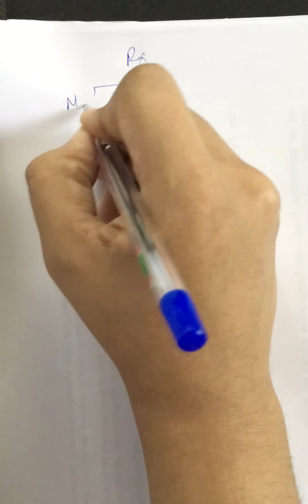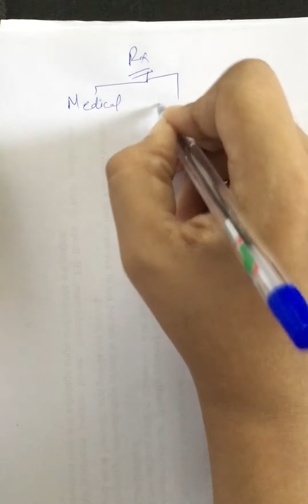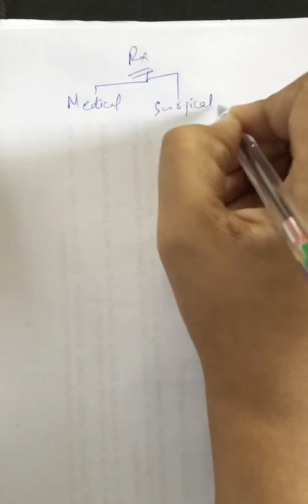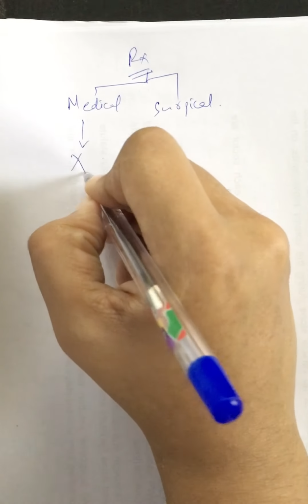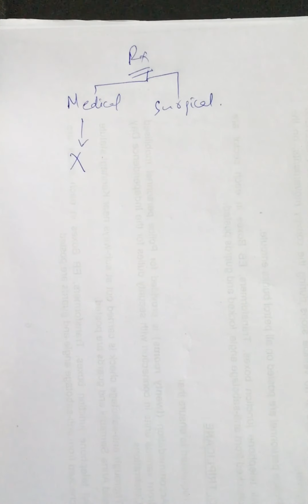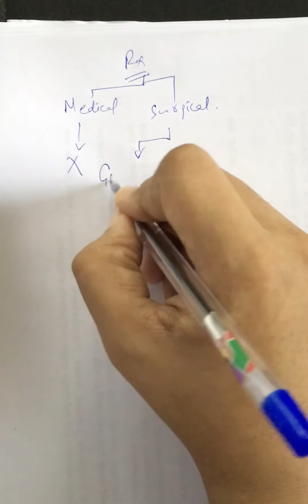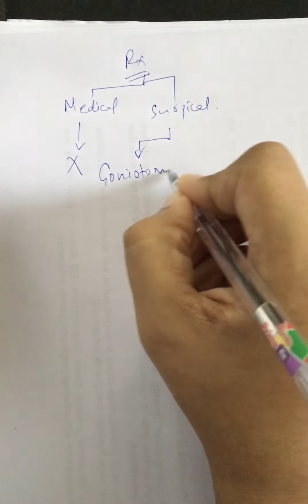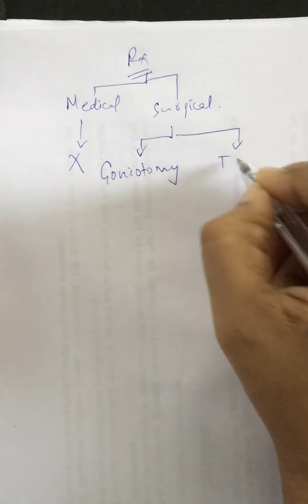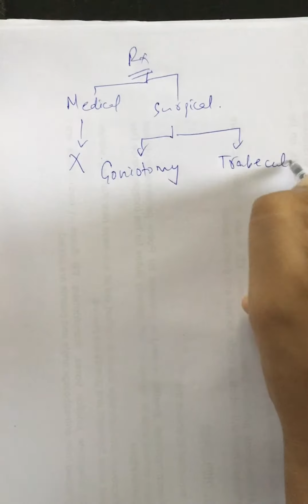So we move on to the last part, the treatment. Treatment is going to be very simple. It's either medical or surgical. Medical treatment is not effective, so surgical treatment is always better. We do goniotomy and trabeculotomy.